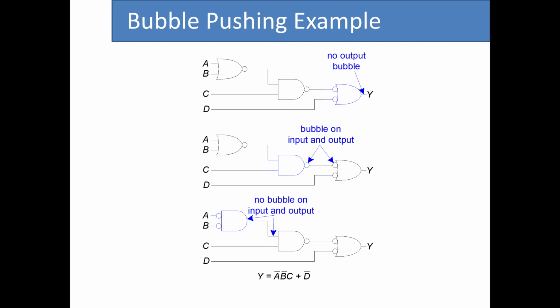So we started from a very convoluted equation and we ended up with a much simpler equation by pushing the bubbles, or in other words, by using De Morgan's theorem, right? Bubble pushing is equivalent to De Morgan's theorem.